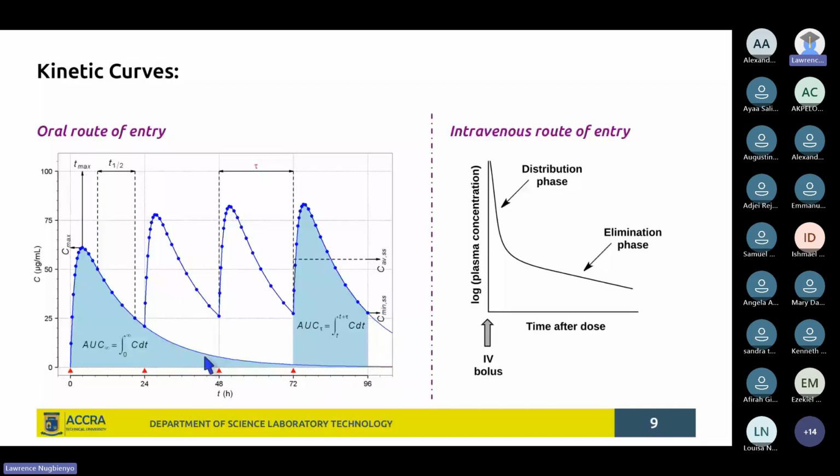And you also see Cmax, that's the highest concentration of the substance in the bloodstream. That is what is being shown there. And then Tmax, at what point the highest concentration is reached.